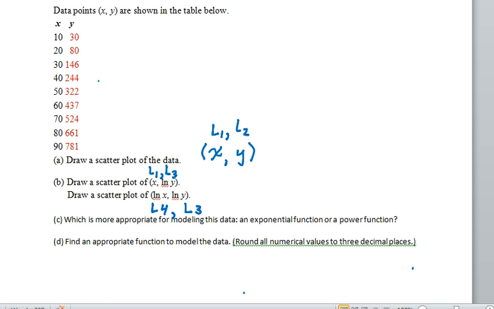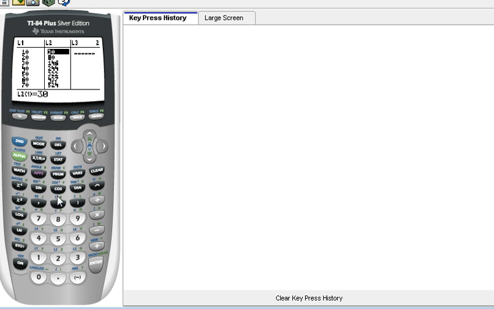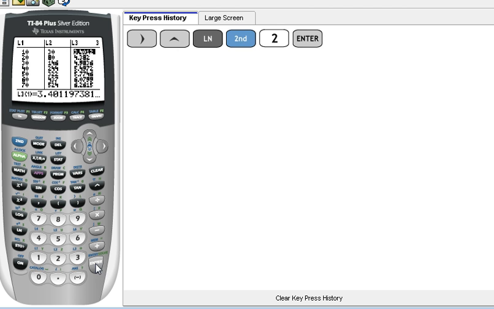So let's go to the graphing calculator where I've already stored the data in L1 and L2. We'll move over to L3 and in the L3 cell enter natural log, second 2 because it's L2, and enter, and then L3 will contain the natural log of the y values.